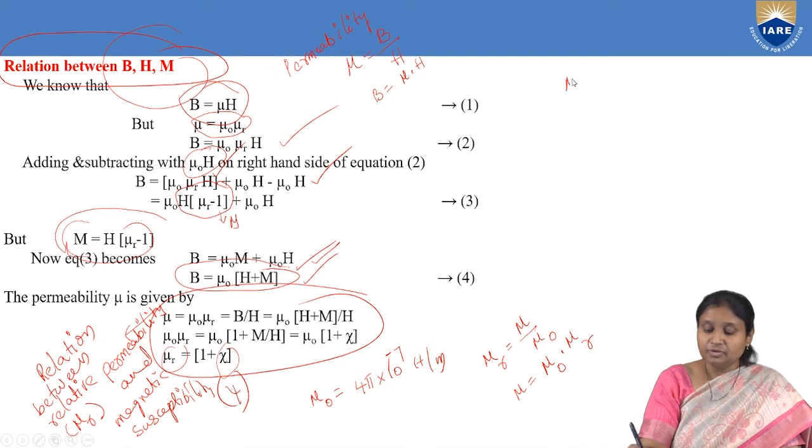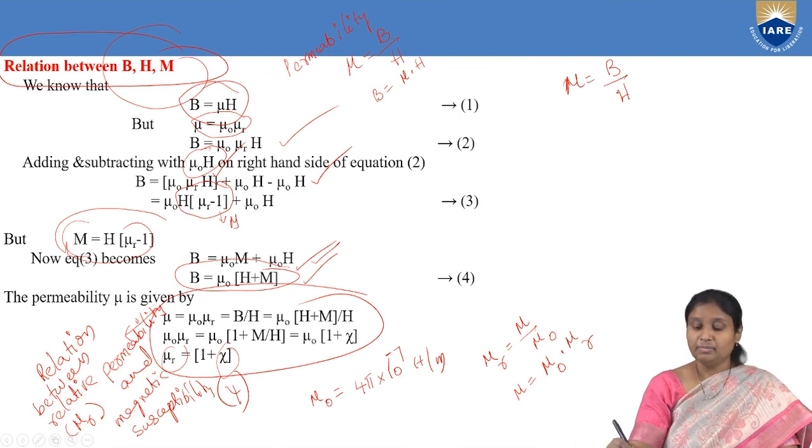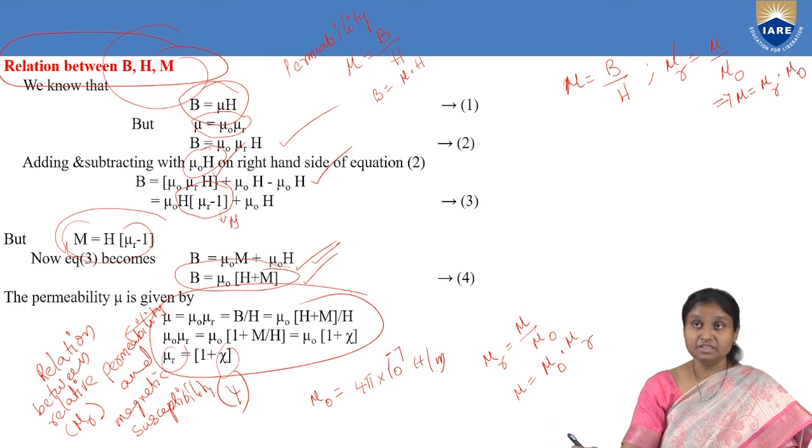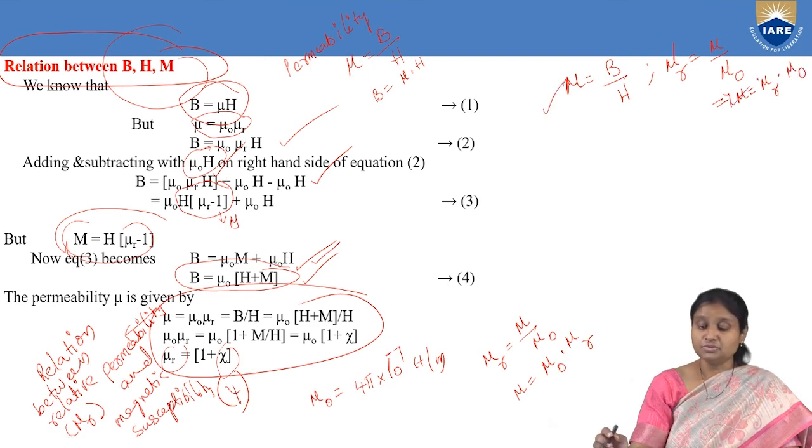We know that relative permeability is defined as the ratio of magnetic induction to the magnetizing field, and also as the ratio of the permeability of the medium to the permeability of free space. From this relation, we have the permeability of the medium as the product of relative permeability into permeability of free space. If I compare these two relations, B by H is mu r into mu naught.